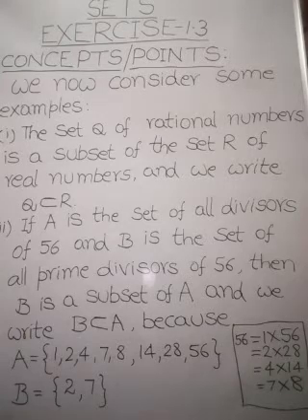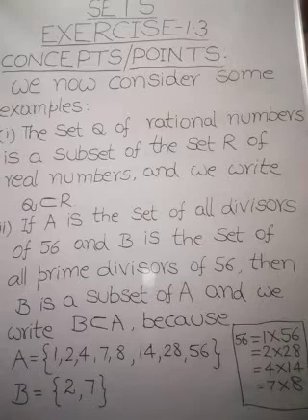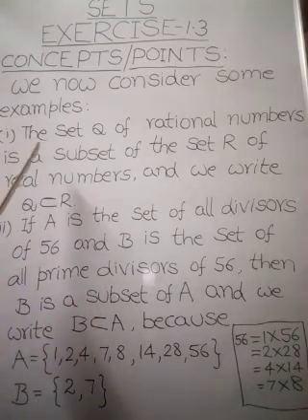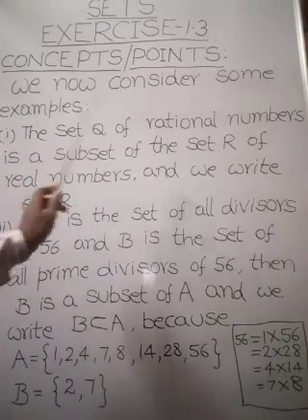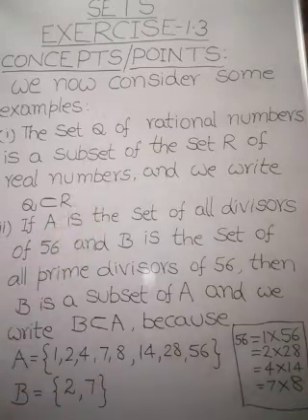All rational numbers and all irrational numbers together make up the real numbers. That is why the set of rational numbers is a subset of real numbers. Understood this example, my dear children?